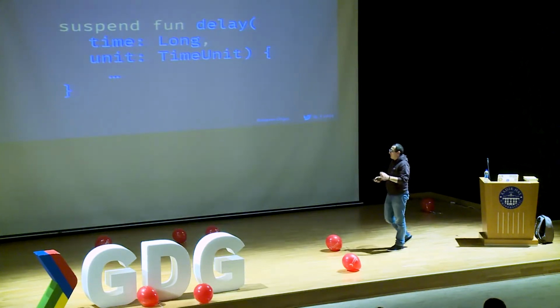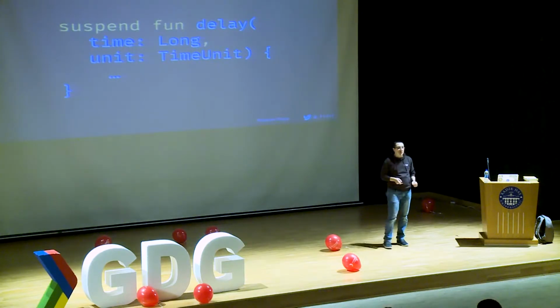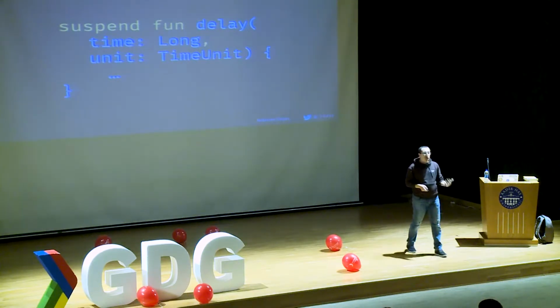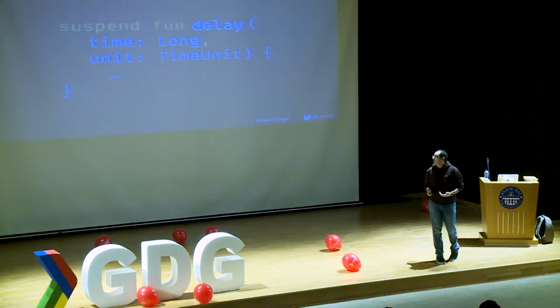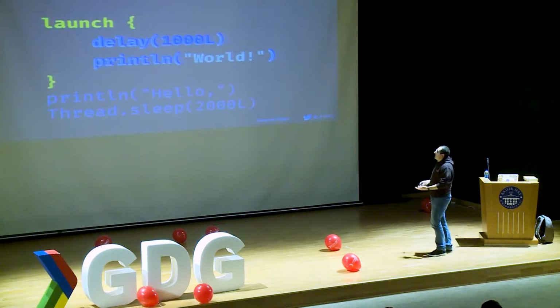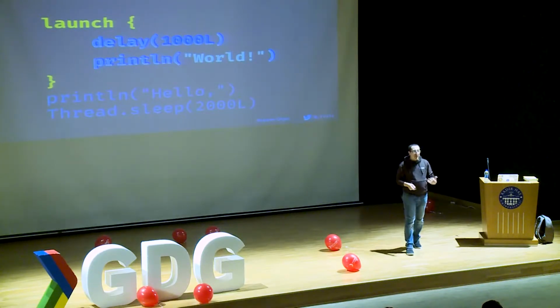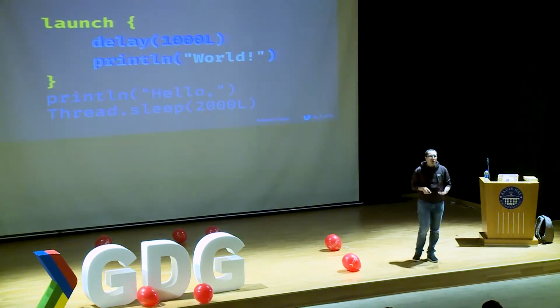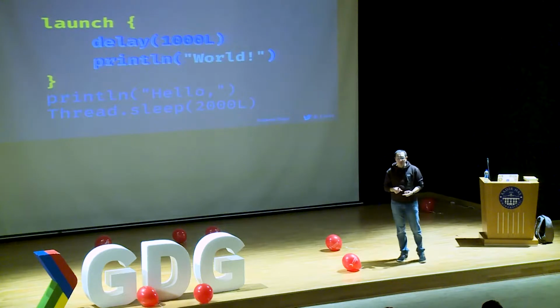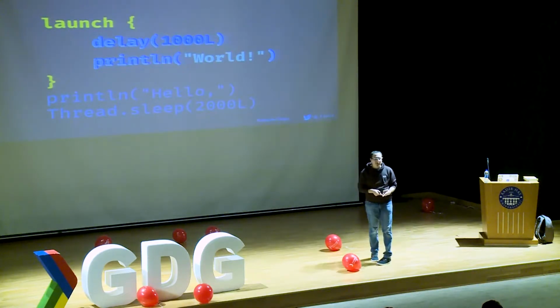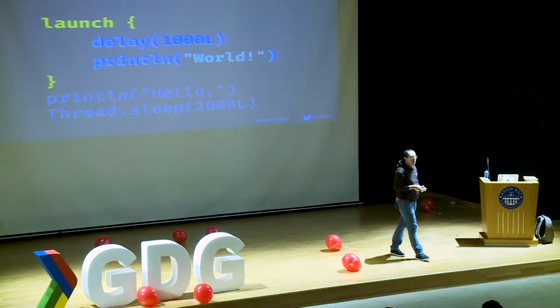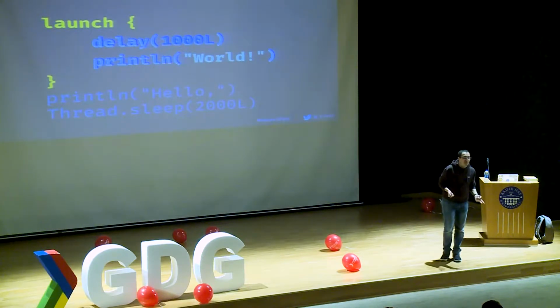The last bit of information that we need in order to truly know coroutines is the launch part. This is called a builder. So to create a coroutine, we need a builder and at least one suspension point. Otherwise, we don't have a coroutine.